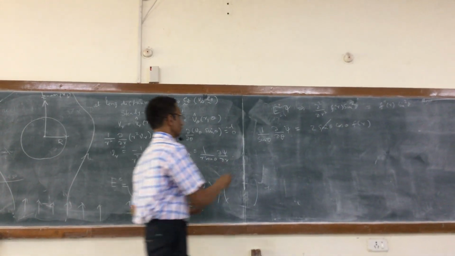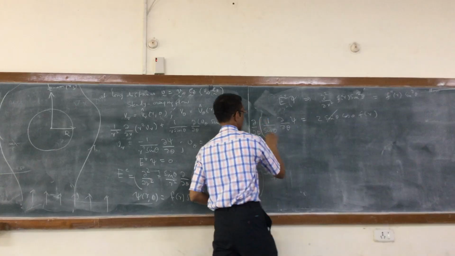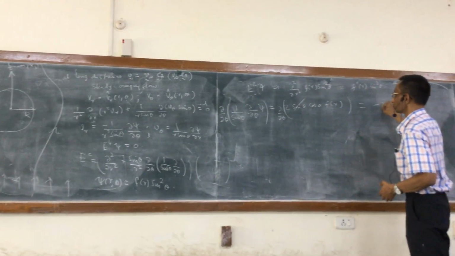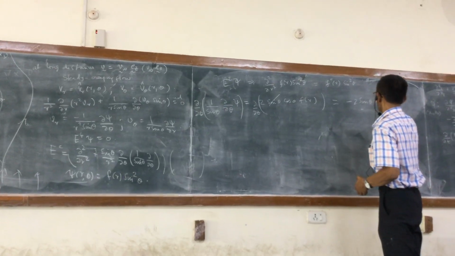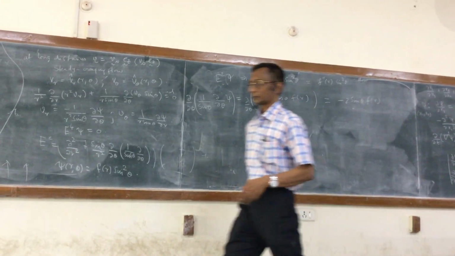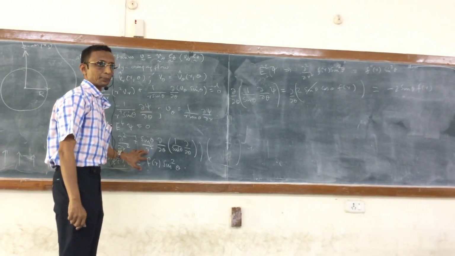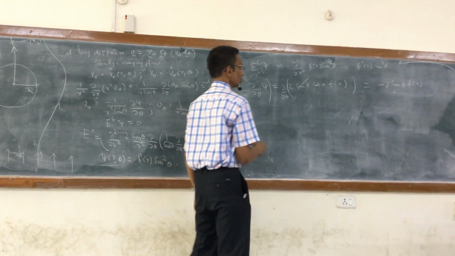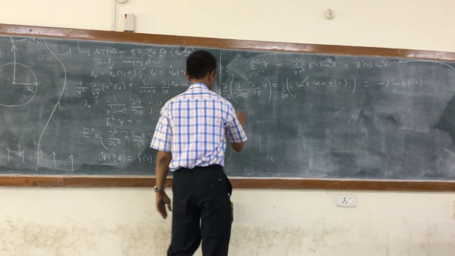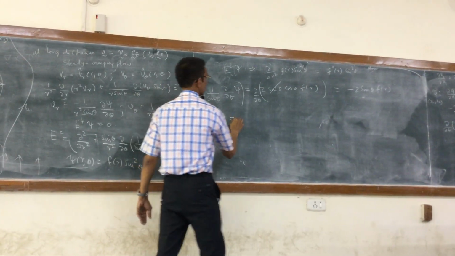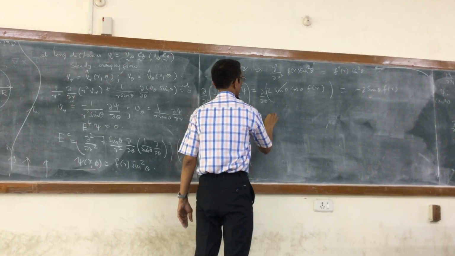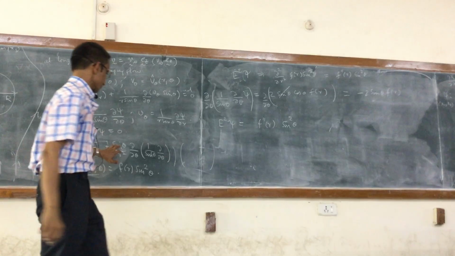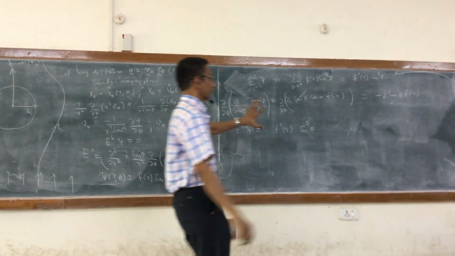Again, take the derivative with respect to theta. This will be minus 2 sine theta f of r. Then I have to multiply this by sine theta by r squared. So when I do that, what will I get for E squared psi? It would be f double prime of r sine squared theta plus sine theta by r squared of whatever I have calculated.